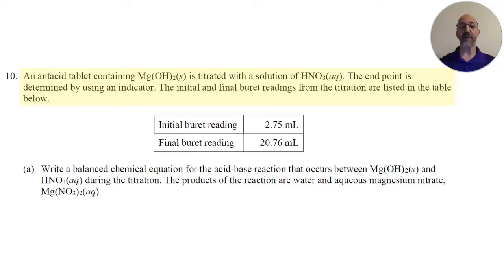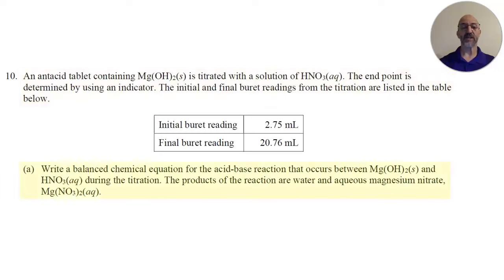So if the magnesium hydroxide is in the flask, that means that the nitric acid is in the burette. Now the end point is determined by using an indicator, and we are given the initial and final burette readings from the titration, which are listed in the table below. So again, the burette readings are for the solution of nitric acid. The magnesium hydroxide is a solid that is in the flask.